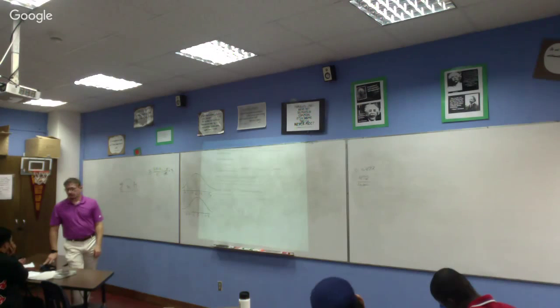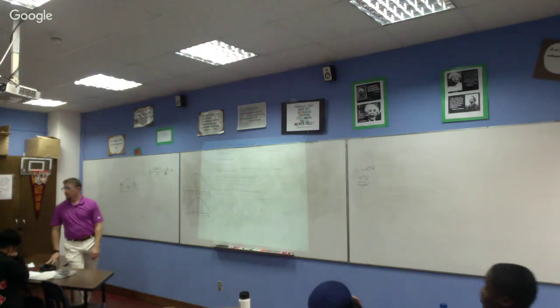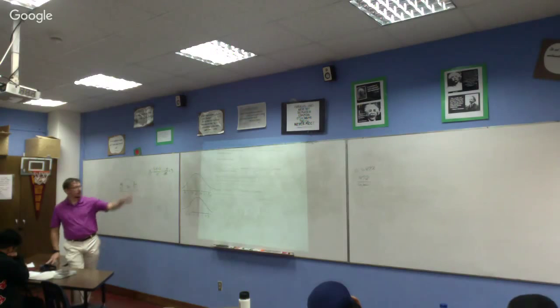Do you even need the z value? Why do you need the z value? You can just tell how many standard deviations 3.5 is away from 2. Okay? So what about 1.75? The z value is negative 0.5.